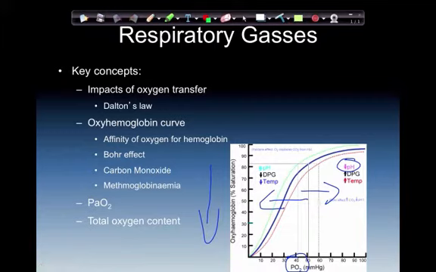Now, DPG, let's talk about it. We kind of skipped it. DPG, we find, and we're still studying it. We find that people with certain specific chronic illnesses have a higher amount of DPG. It is likely created by the red blood cell as an adaptive measure. Hypoxia, CHF, chronic lung disease, we all see high levels of DPG in these people.